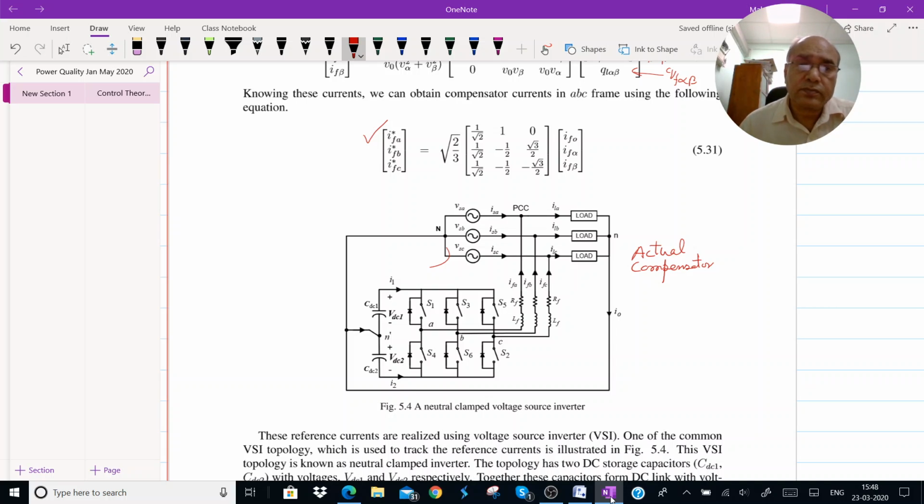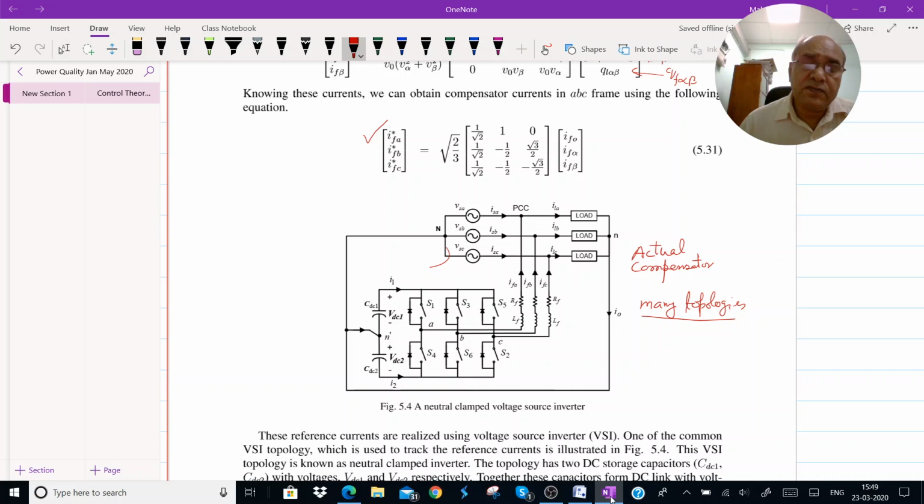Fine. Alright, so this is one of the topologies, and there are many such topologies. But I am not going into these details. I think you can refer to the references of this chapter. However, we are only talking about the most generic voltage source topology, called a neutral clamped voltage source inverter topology. This has two DC capacitors forming a DC link.